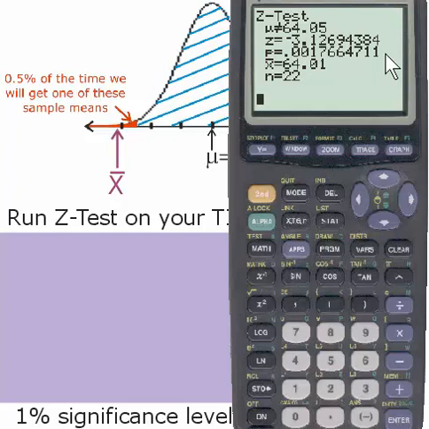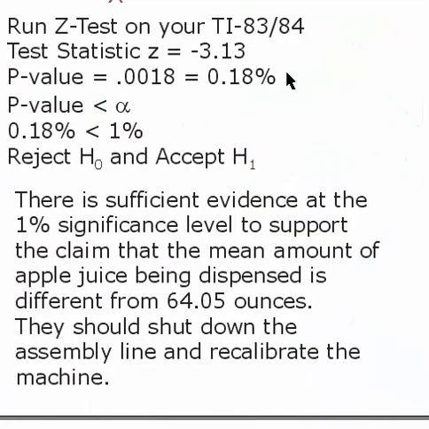Is this sufficient evidence to support the alternative hypothesis? It is if the p-value is less than the significance level. Our p-value of 0.18% is less than our significance level of 1%. So we will reject the null hypothesis and accept the alternative hypothesis.